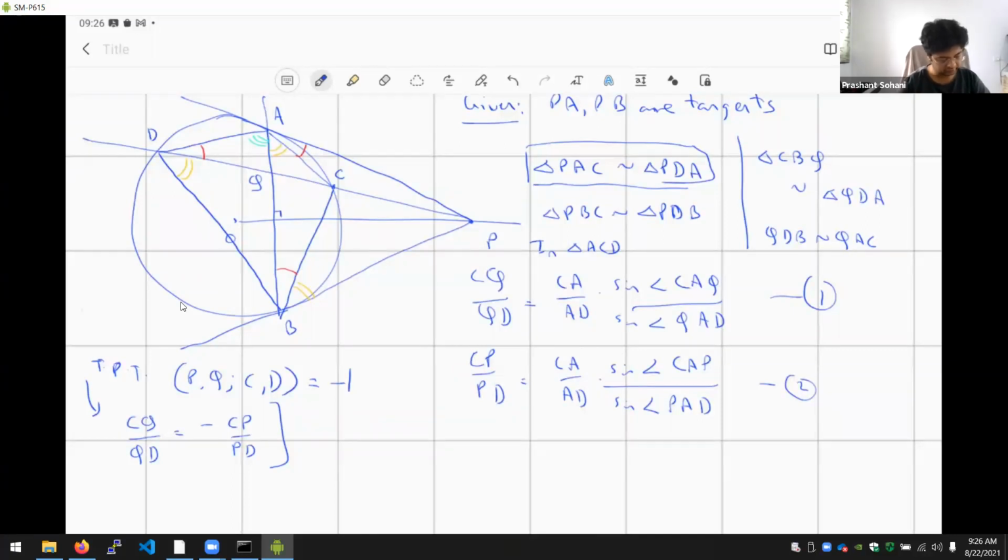So if you see what this is telling us to do, we want to show that these are equal to each other, minus of each other. So equivalently, what is it that we have to prove? Because CA upon AD is going to cancel out, right?